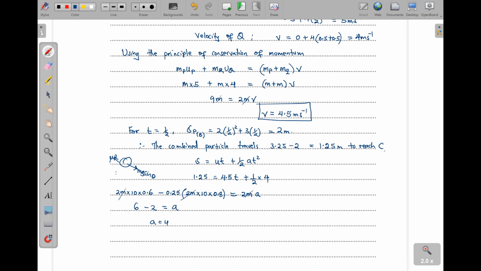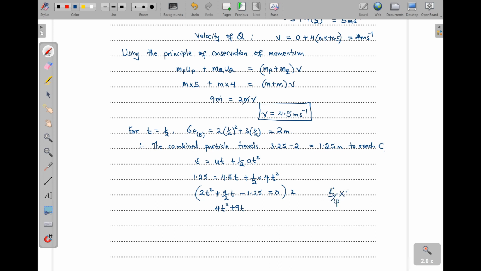So I will just now put this one off because we didn't need it. But I was showing you that it is still 4. Then t squared. So this is a quadratic equation, which is 2t squared, then plus 9 over 2 of t, then minus 1.25, which is equal to 0. If I multiply everywhere by 2 to eliminate this one, I will have 4t squared plus 4t. 1.25 is the same as 5 over 4.